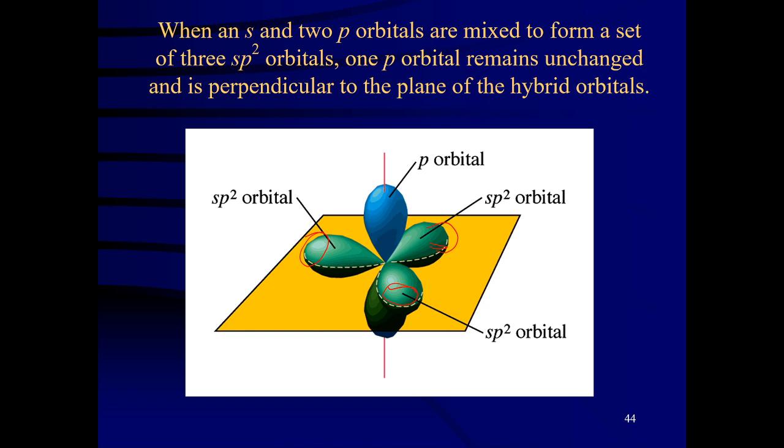Note that each has a single electron, but this one is a pure p. So it is pure, meaning it has not gone through hybridization.